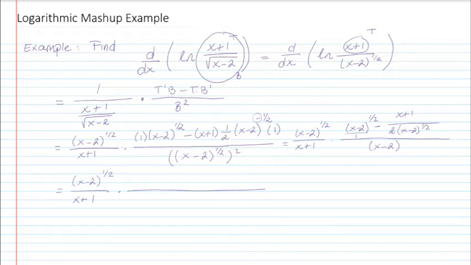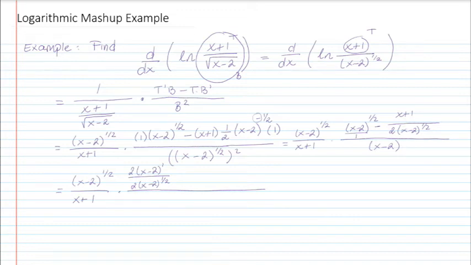So the common denominator is 2 times x minus 2 to the power of 1/2. So when I multiply 2 times x minus 2 to the power of 1/2 with x minus 2 to the power of 1/2, I'm going to get 2 times x minus 2 to the power of 1. You can confirm that. You can see that we are good.